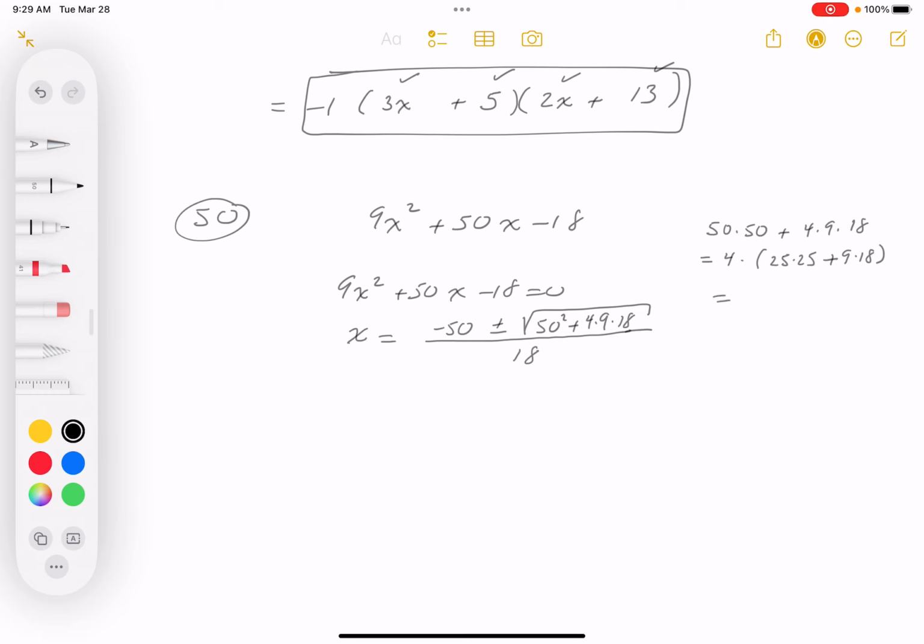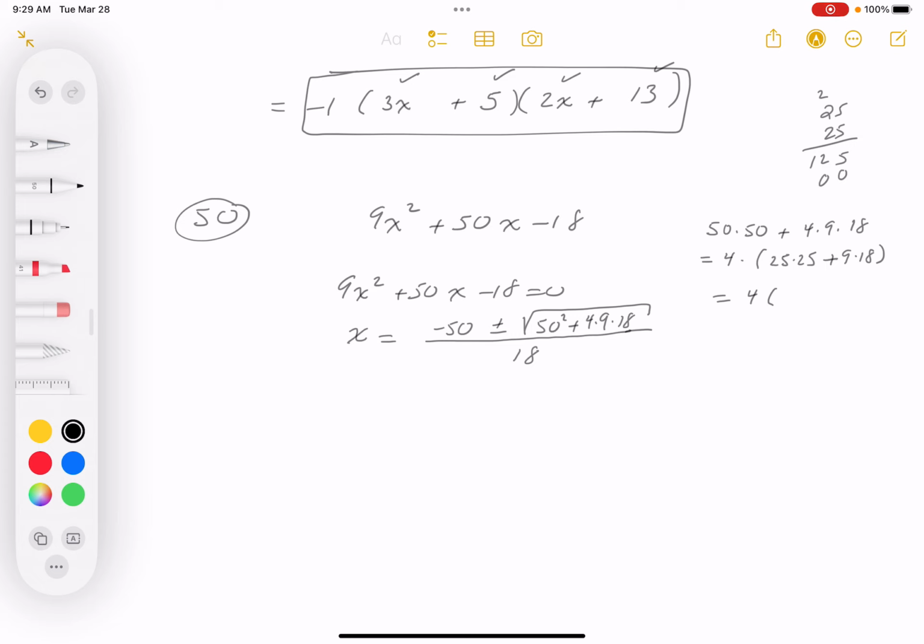I realize some students say I don't want to use a calculator. Go right ahead, please do. 25 squared: well, 5 times 5 is 25, 5 times 2 is 10, plus 2 is 12, and then 2 times 5 is 10.